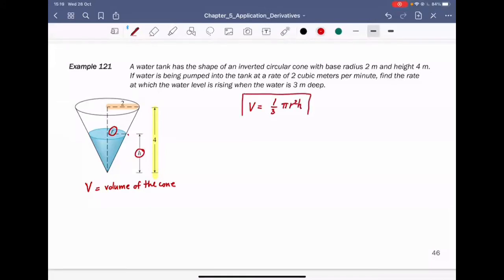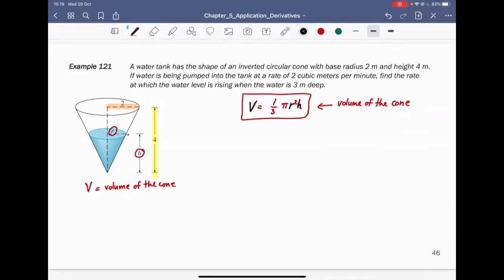If you don't know this, memorize it. This is the volume of the cone. If you can memorize the volume of the cylinder, the volume of the cone is 1/3 of the volume of the cylinder. The volume formula gives you a relationship between V, r, and h.